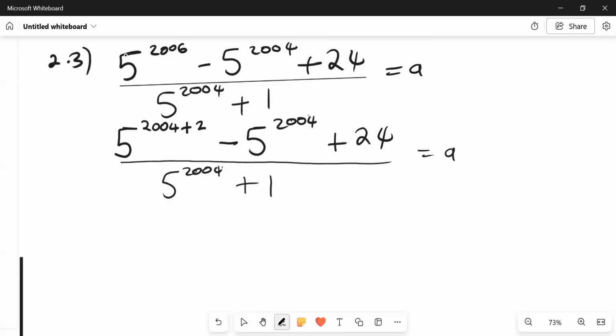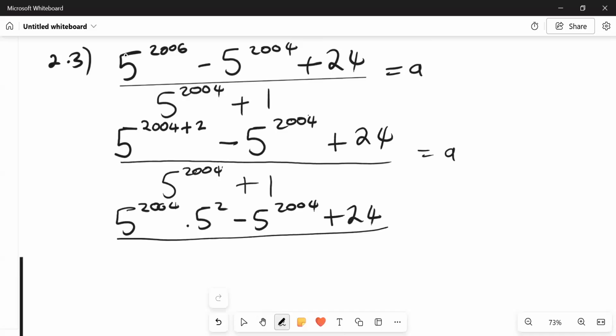So you have your 5 to the 2004, separate the exponent, this is 5 squared, minus 5 to the 2004, plus 24. Sorry, why am I thinking of the 25? That's 24, and then 5 to the 2004 plus 1 equals A.